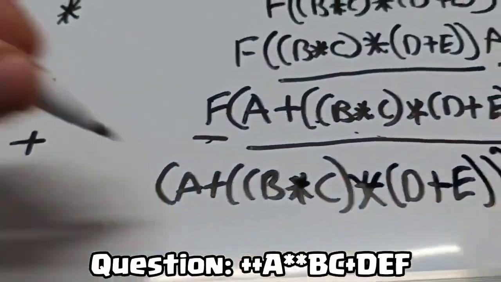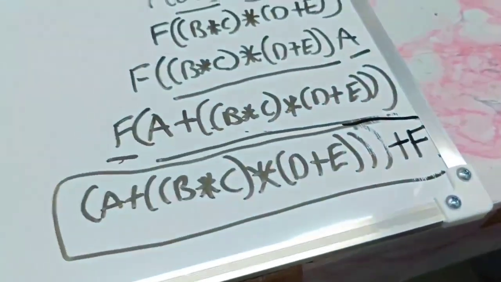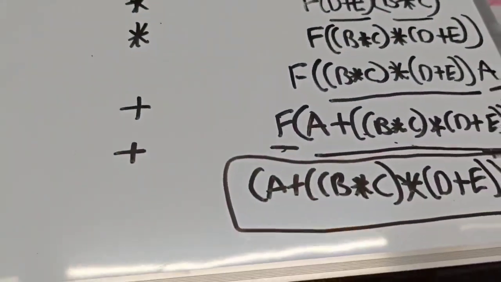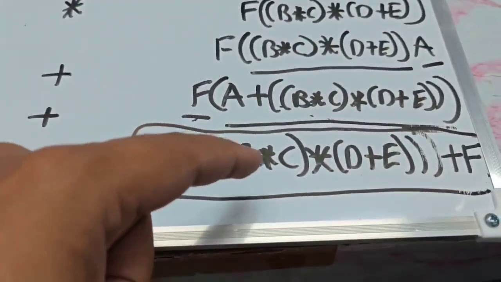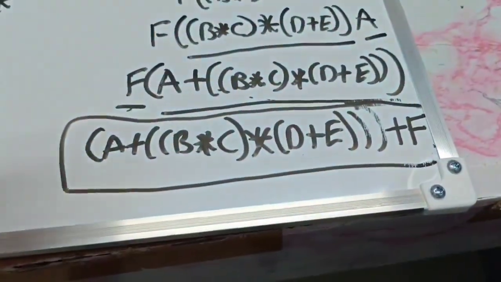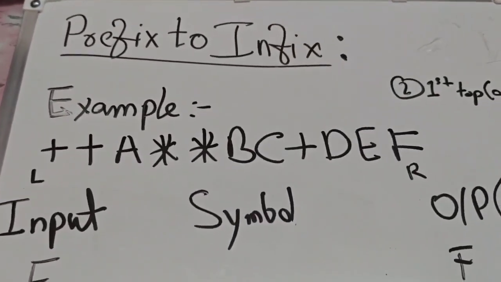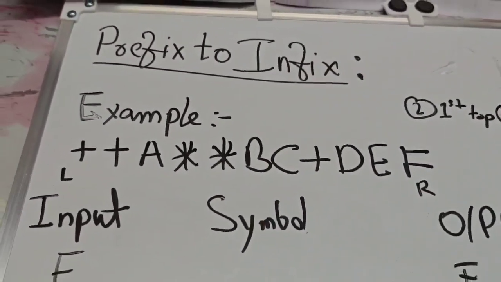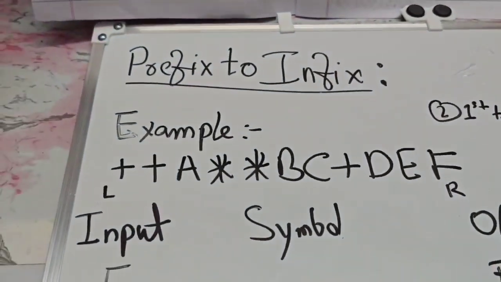Then plus F. So the final answer is brackets A plus brackets B into C into brackets D plus E, all brackets close, plus F. This is the answer, and this is how we can convert any expressions from prefix to infix.